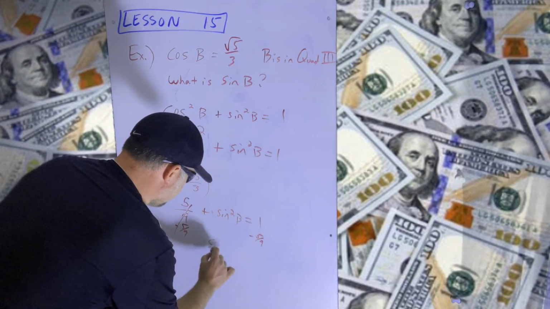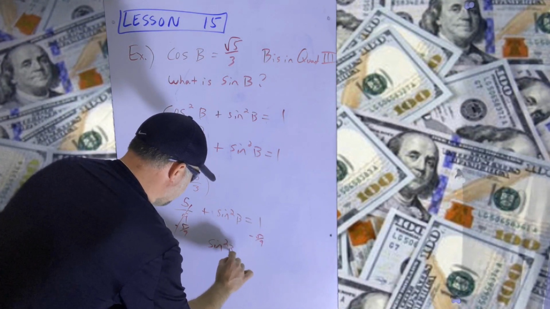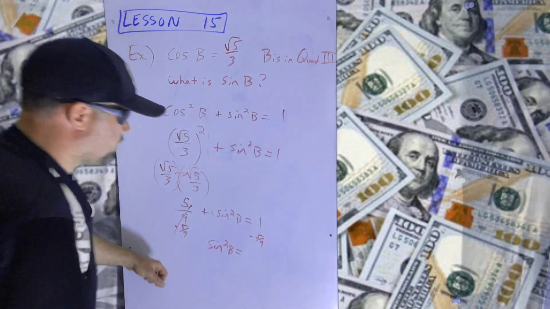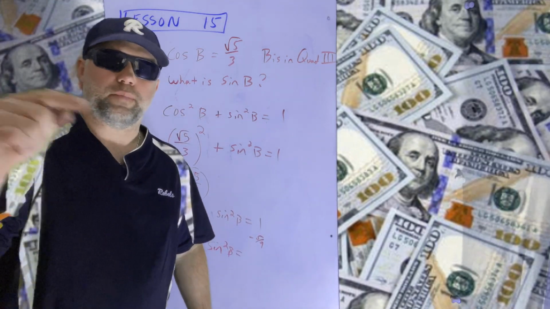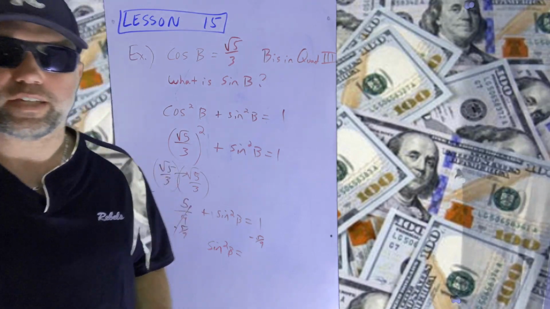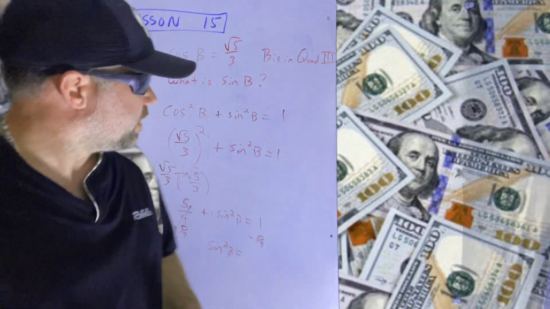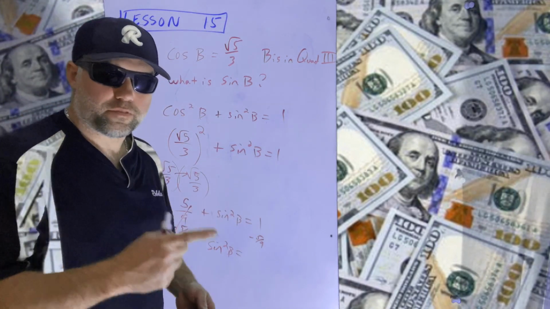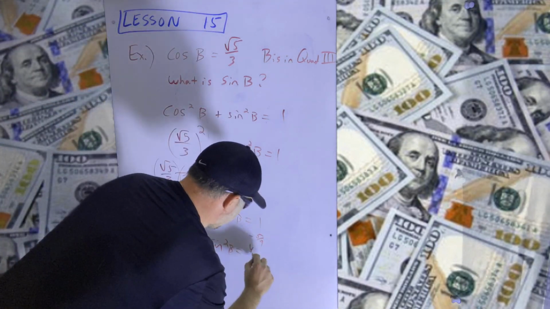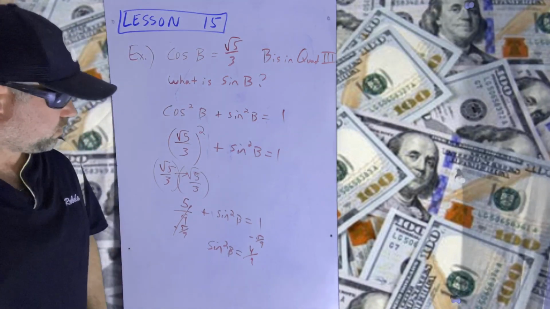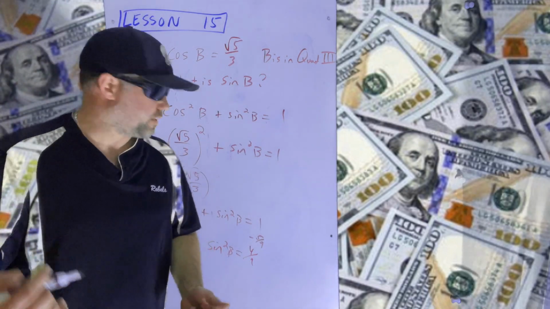And that's going to leave me with sine squared B equals... Now what happens when I take 1 minus 5/9? If you think of 1 as 9/9, so you have common denominators, 9/9 minus 5/9 is 4/9. All right, if you want to try that on the calculator, you can do that.